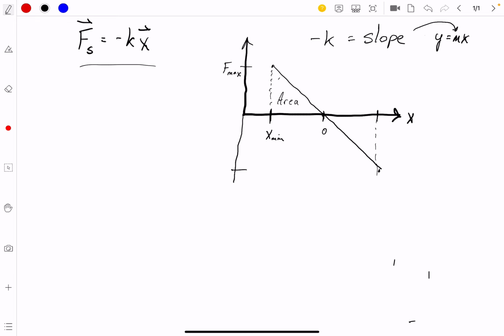Do I want to call it x min? Let's just call it x. Let's get rid of the min part. On this side we have positive x. On this side we have negative x. It's fine.